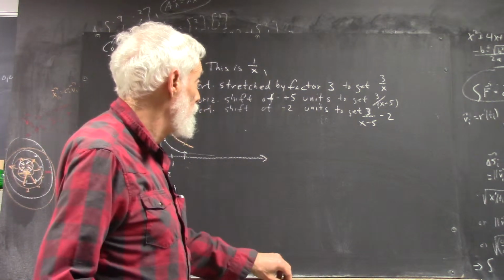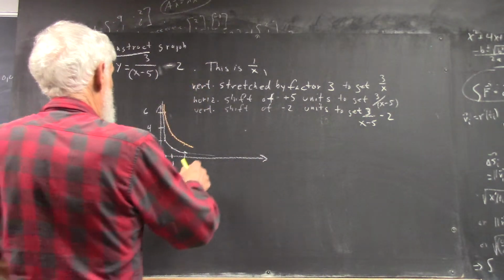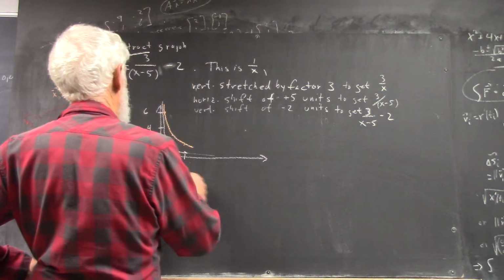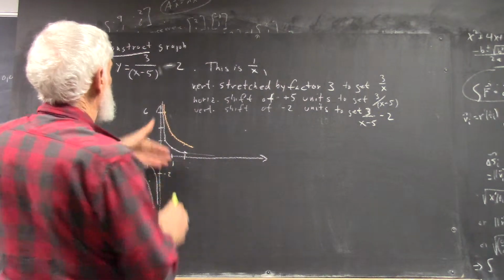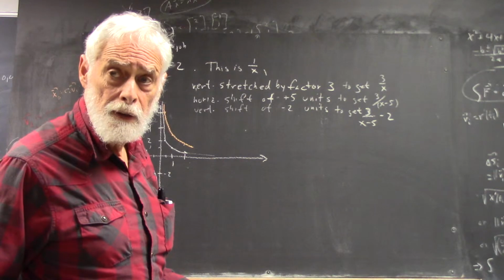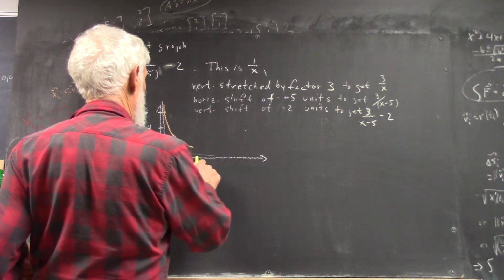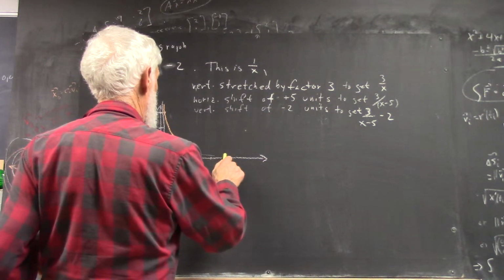Okay, so we're going to horizontally shift 5 units. That means we take every point here. Now, one thing we want to do, since we have a vertical asymptote at the y-axis, I'm going to sketch myself a y-axis shifted over 5 units. So here's 3, 4, 5.